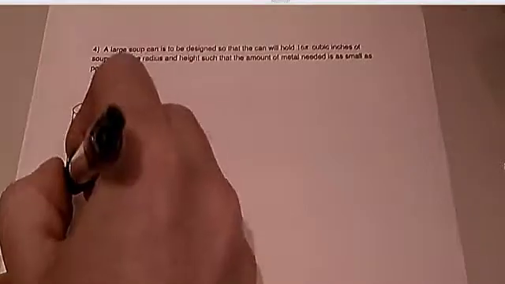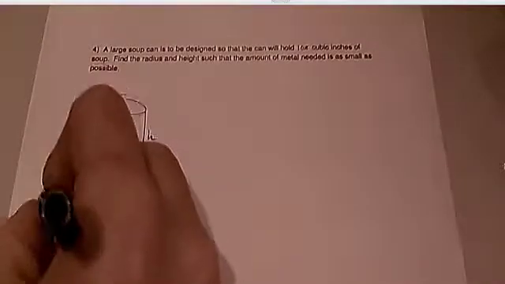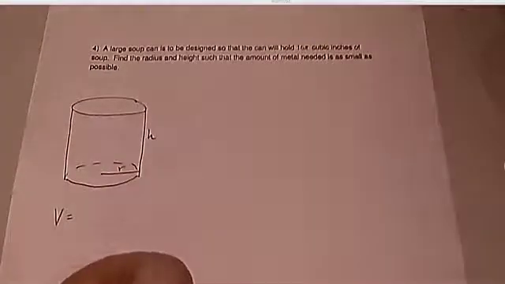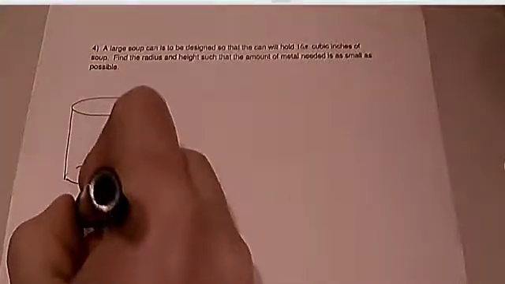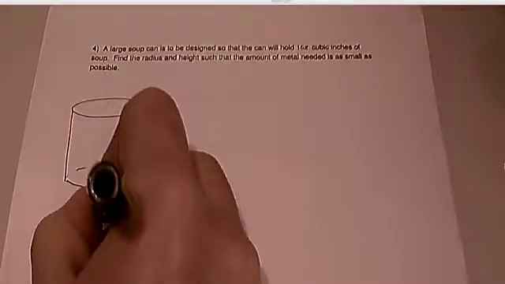It's just the fact that this is a cylinder, whereas the other one was a box. But we still are going to be interested in surface area and volume, okay? So if we have, this is R and this is H, I know that the volume of a cylinder is going to be pi R squared H, right?